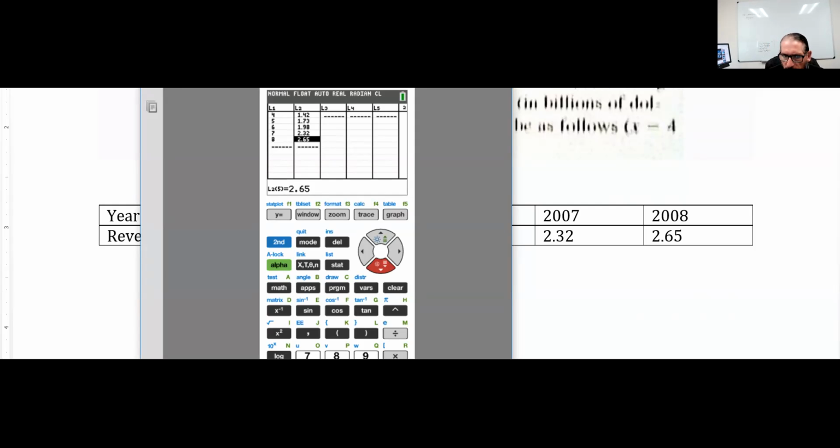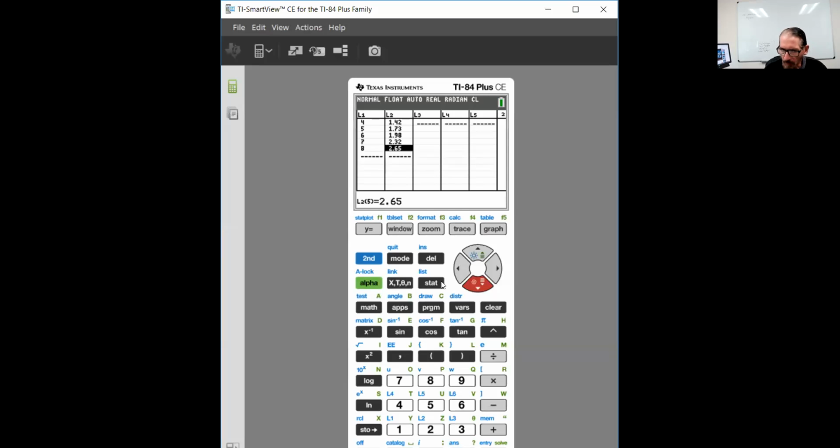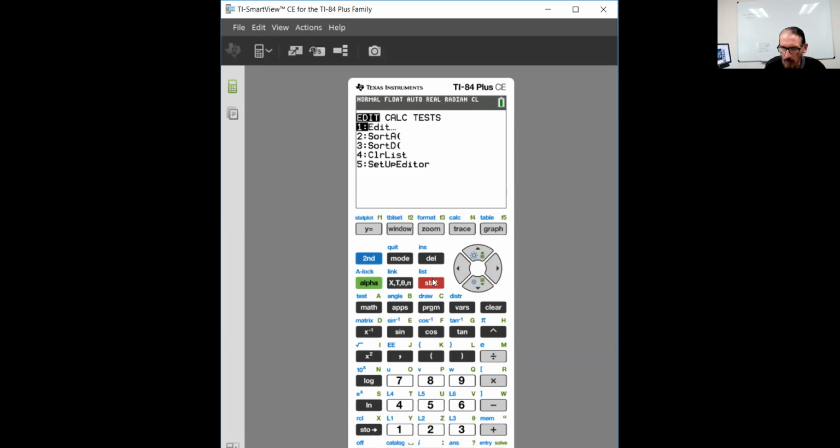So to get the equation, now press Stat again. Go to the second submenu, Calc, and choose number 4. LinReg ax+b is going to tell you what a and b are. a is the same as m, the slope, and b is exactly what you would expect, the y coordinate of the y-intercept.